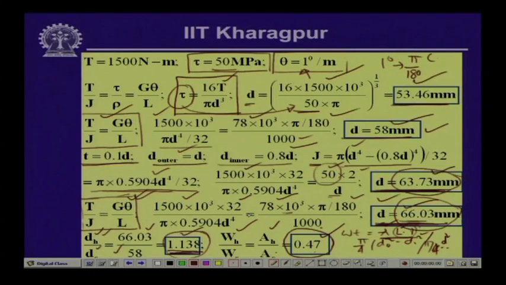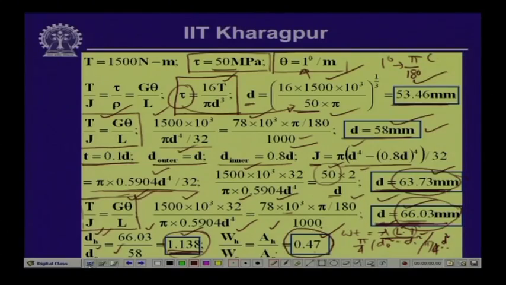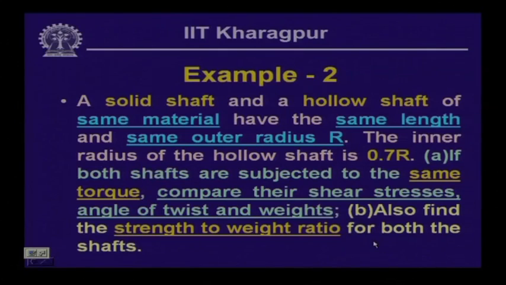So, you see that though we are utilizing 14% extra in the diameter, we are gaining in the weight, which is in the tune of half the weight of the solid bar. So, evidently the hollow tube is more efficient than a solid shaft, and this will be more clear if we look into the next problem.